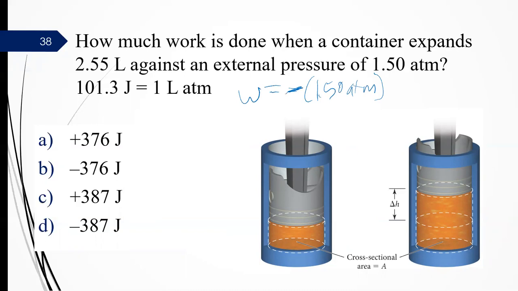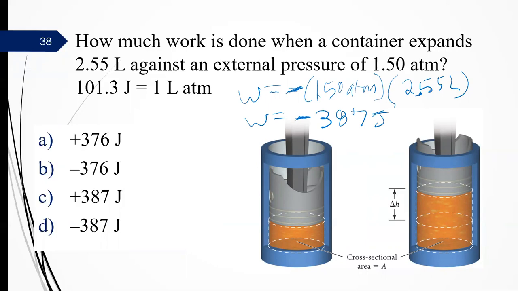Since we expanded, that should be a positive change, so delta V is plus 2.55 liters. So our work becomes negative 1.50 times 2.55. And so that becomes negative 387 joules.